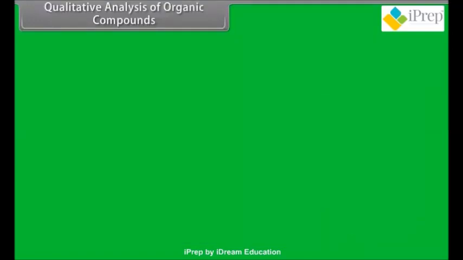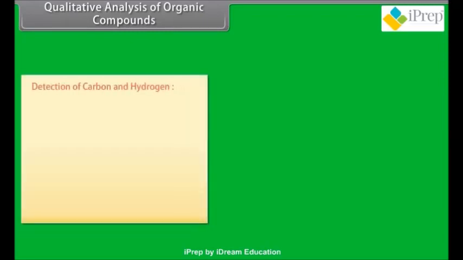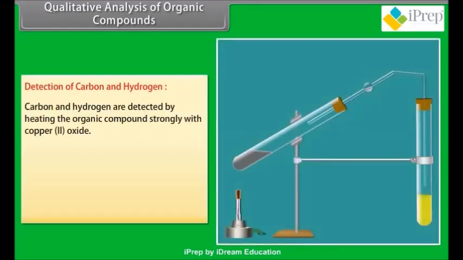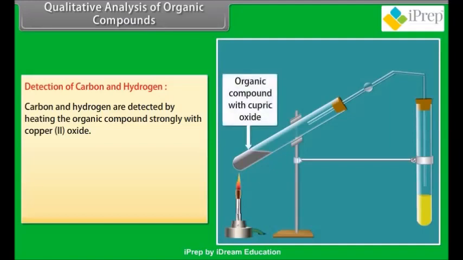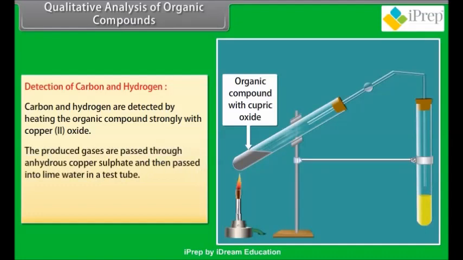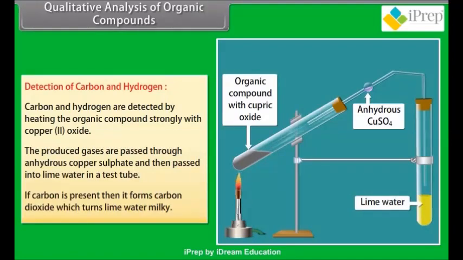Qualitative analysis of organic compounds. Detection of carbon and hydrogen. Carbon and hydrogen are detected by heating the organic compound strongly with copper(II) oxide. The produced gases are passed through anhydrous copper sulfate and then into lime water in a test tube. If carbon is present, it forms carbon dioxide, which turns the lime water milky.